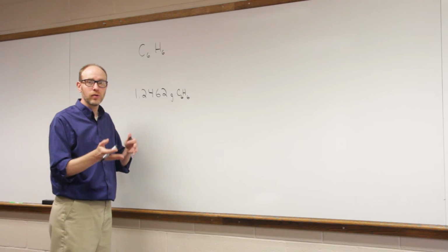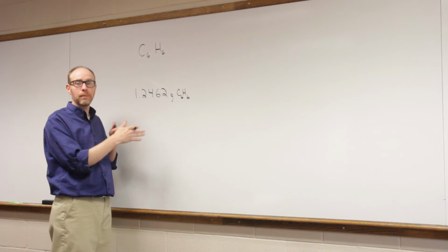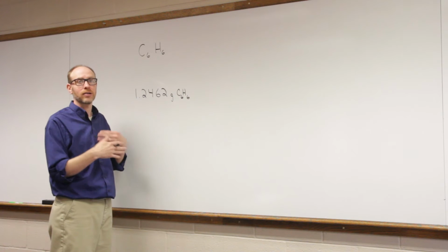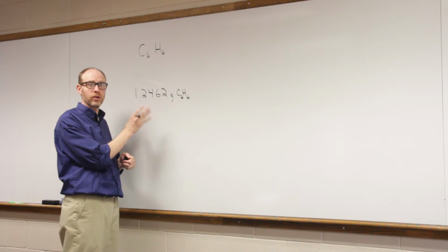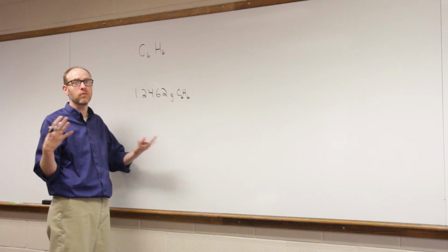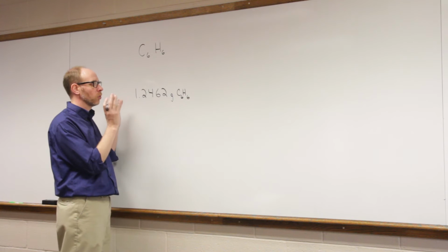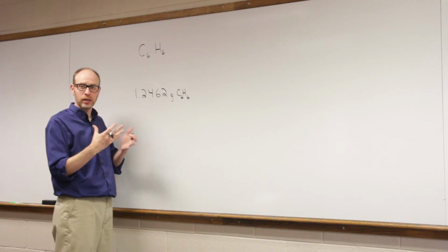Now, we normally use this for small things like atoms or molecules, but it can be anything at all, just like we can have a dozen of almost anything. What makes it useful for small things is that it's a collection of a very large number of things.